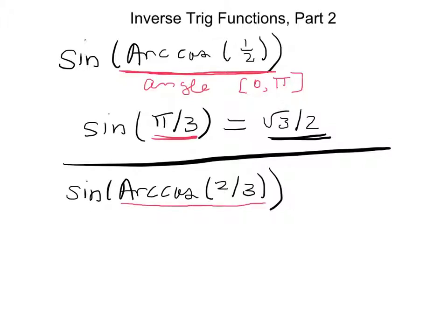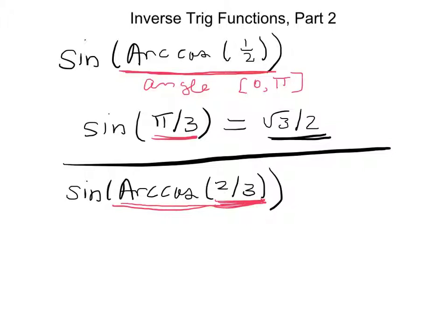We have no idea what that angle is. There's no nice angle whose cosine is 2/3. However, here again, we know that that angle is between 0 and pi, and we know the cosine of that angle is 2/3. So it has to be an angle in the first quadrant, right?